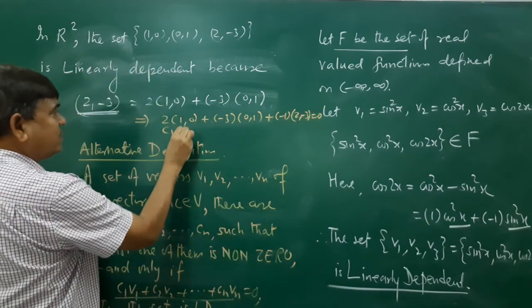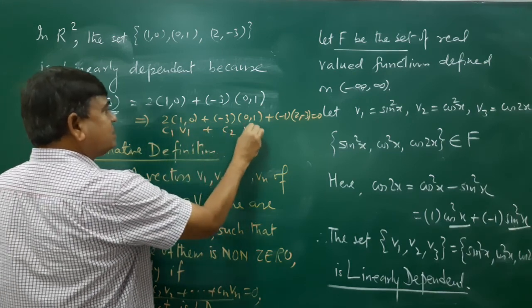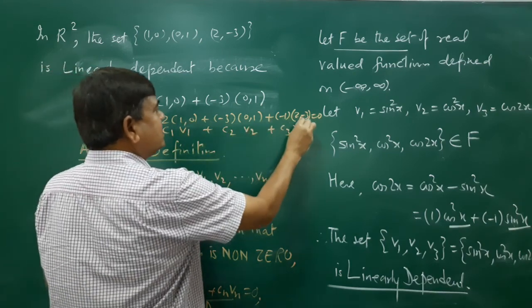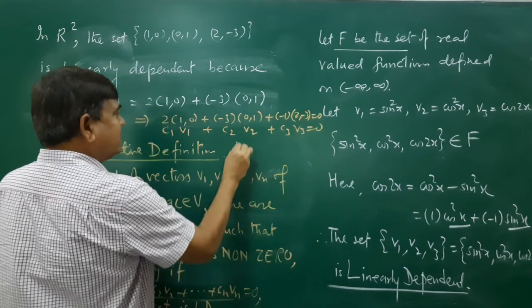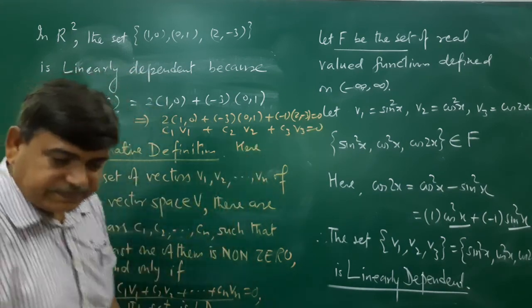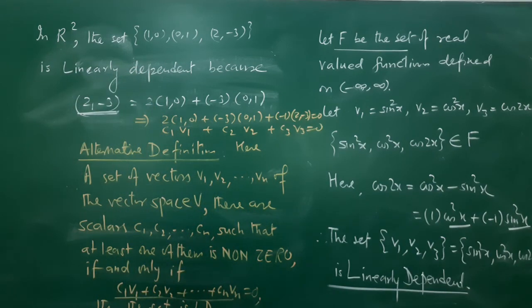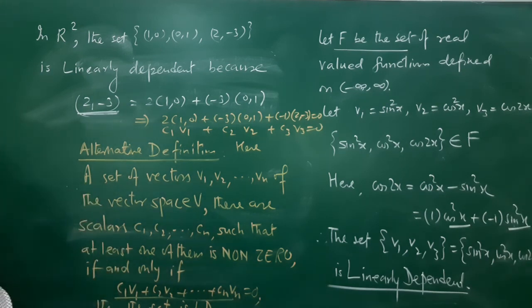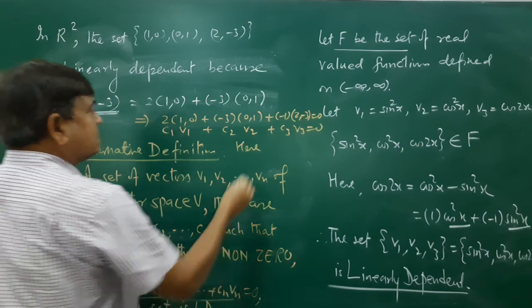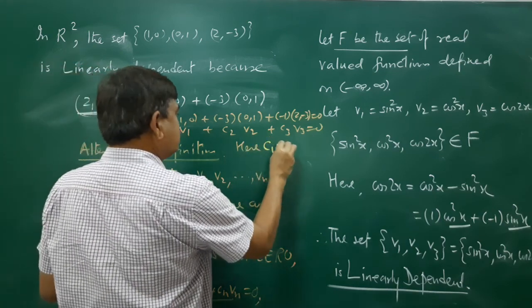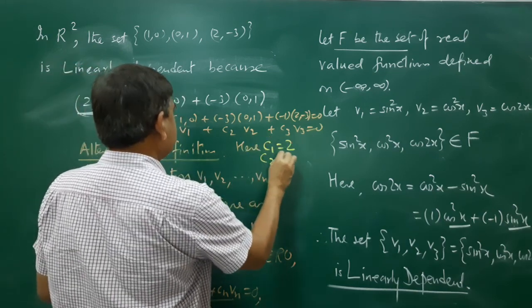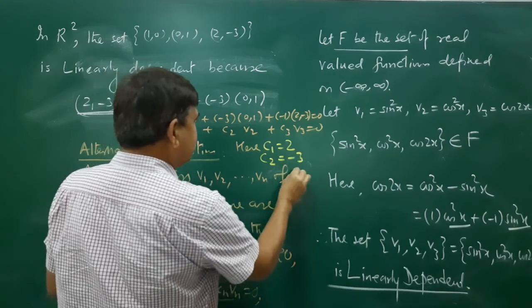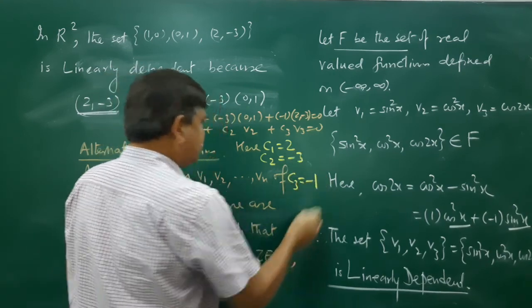See, this is C1 V1, C2 V2, C3 V3 equals to 0, and here you find C1 is 2, C2 is minus 3, and C3 is minus 1.